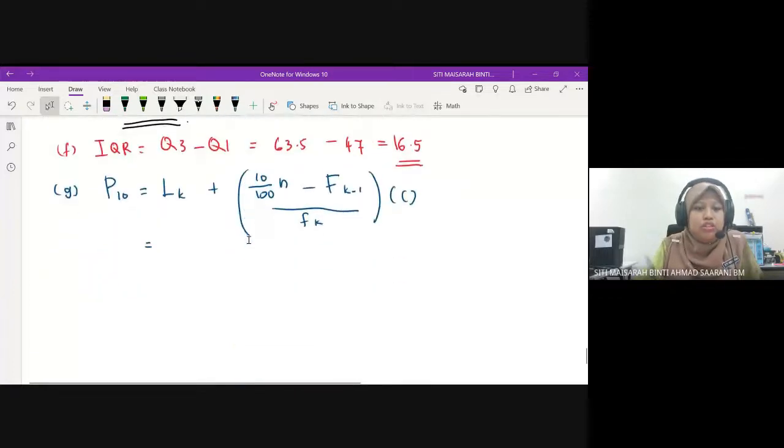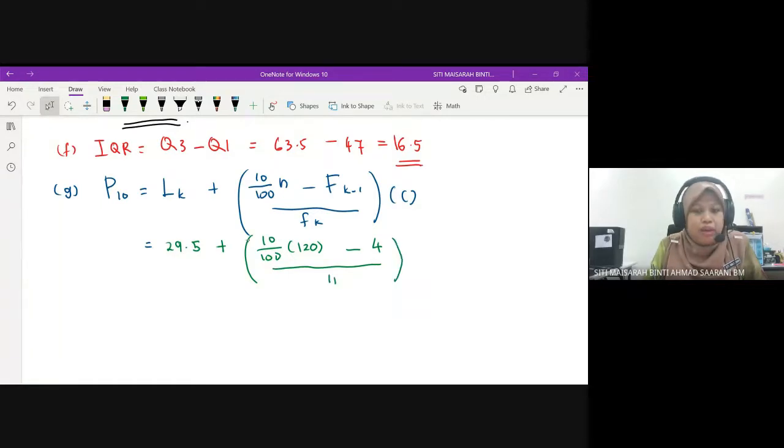So you substitute: LK is 29.5 plus 10 over 100 multiplied by 120 minus cumulative before, which is 4, over 11, multiplied by 10. So P10 you calculate 29.5 plus 12 minus 4 over 11 times 10, we get 36.77.